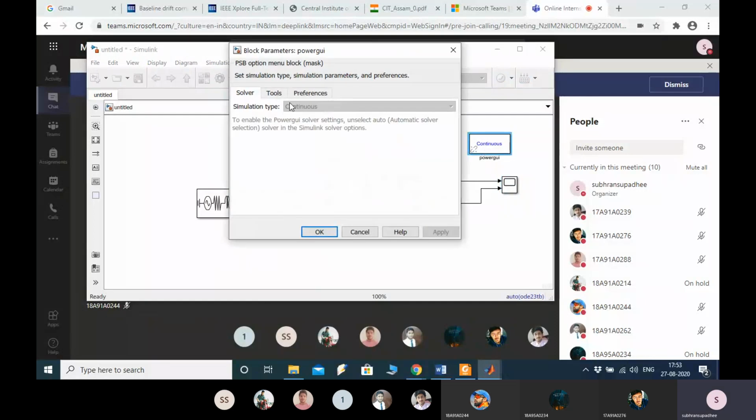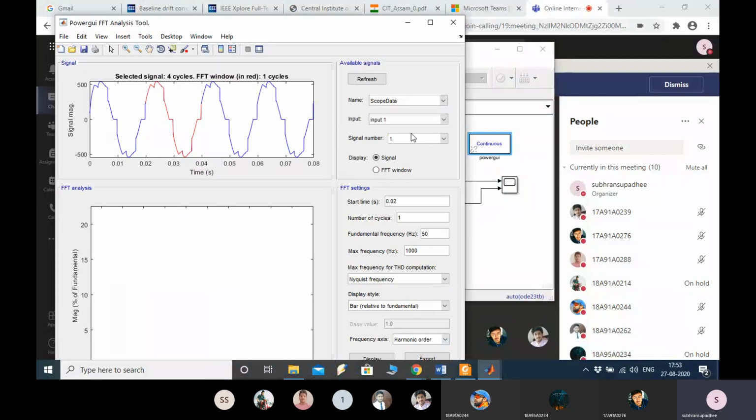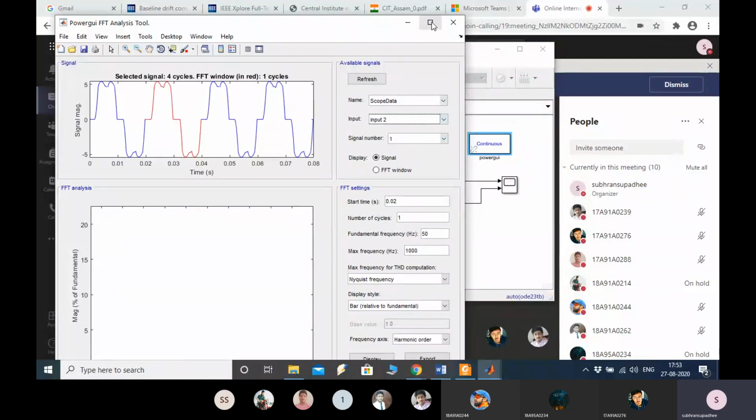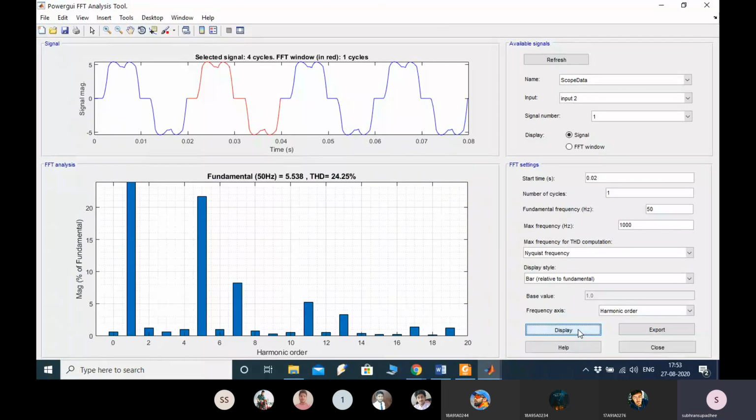Here, if you check the FFT analysis, this is the voltage. This FFT analysis is always done for the current part, harmonic order display. FFT analysis is again 24%.